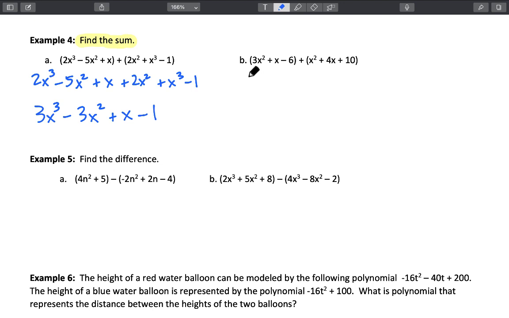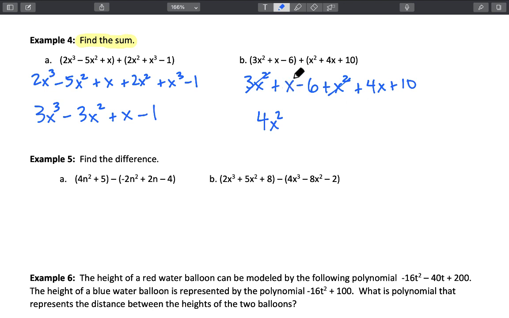Let's do the same thing for example B, 3x squared plus x minus 6. I'm going to drop the parentheses of this second one now. Plus x squared plus 4x plus 10. All right, being careful to combine just our like terms, we're going to combine the 3x squared and the positive 1x squared to get positive 4x squared.